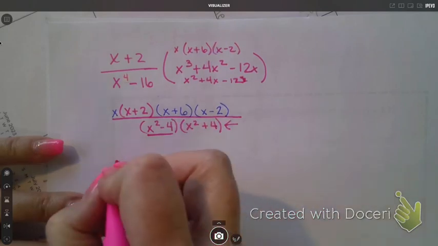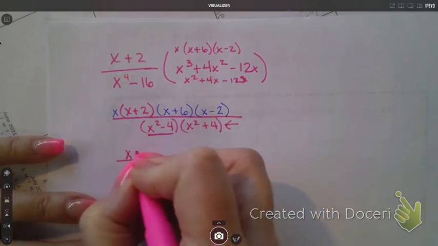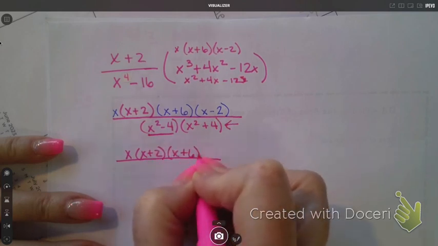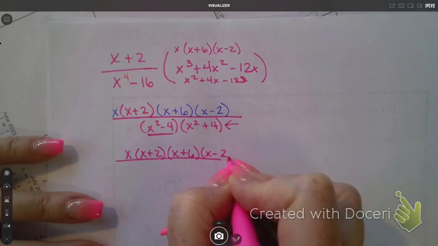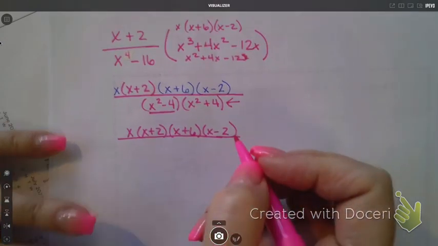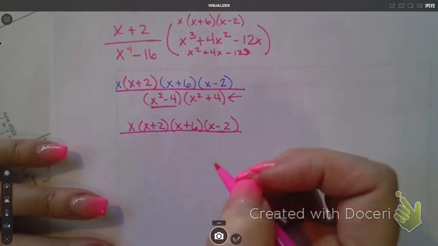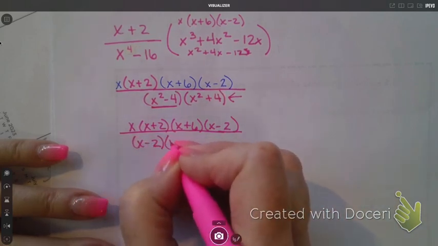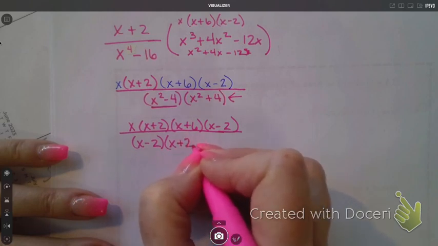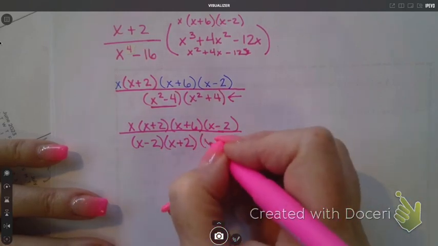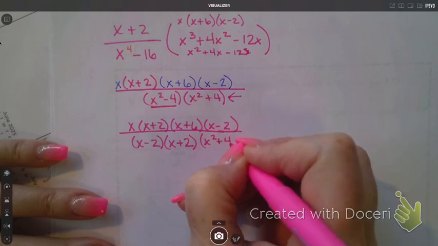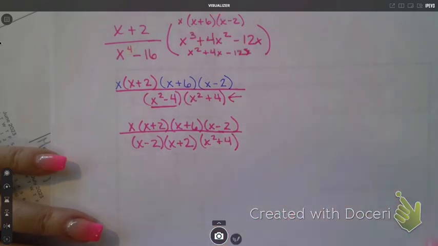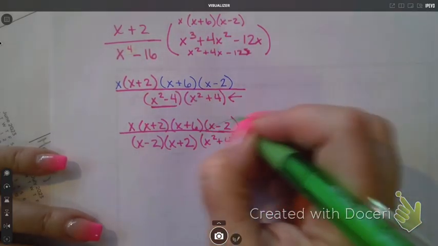Okay, so my numerator is still x plus 2, x plus 6, x minus 2. What's the denominator? X minus 2, x plus 2, and x squared plus 4. Yep. So the minus and plus 2's go out, right?